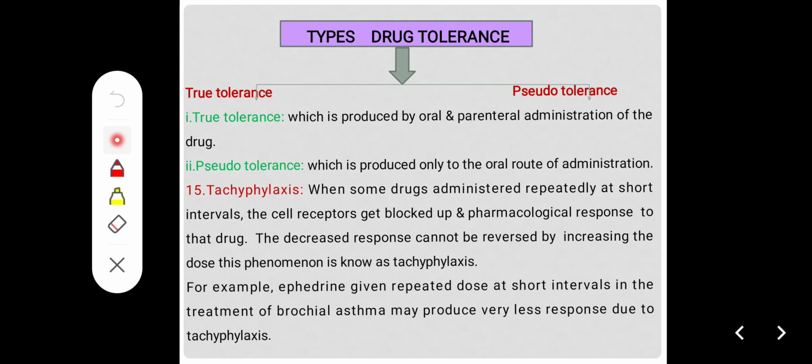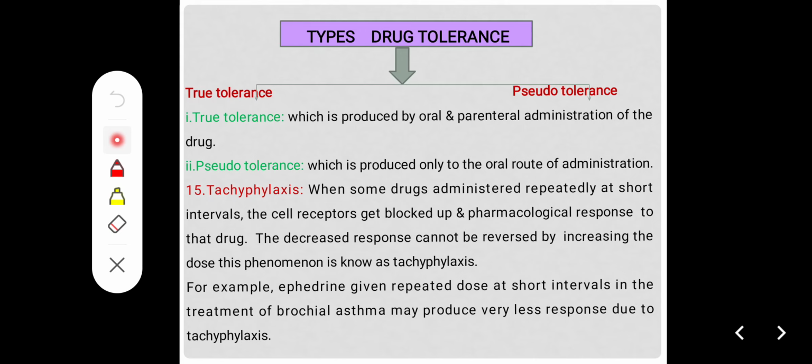Then drug tolerance. Tolerance means repeated administration of the same drug decreases the responsiveness. Examples are sedative and hypnotic drugs, phenobarbital, or sleep-producing drugs, diazepam, etc., and also alcohol.